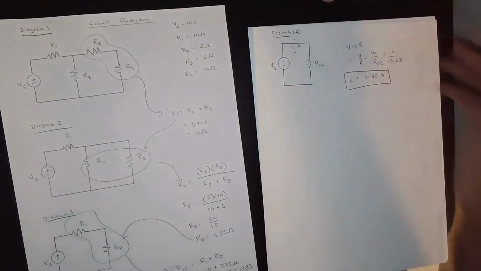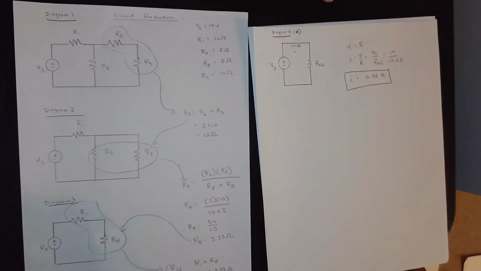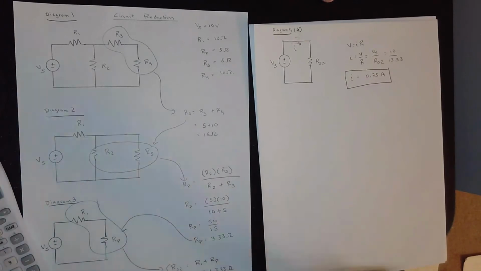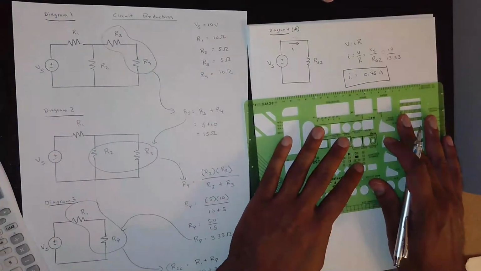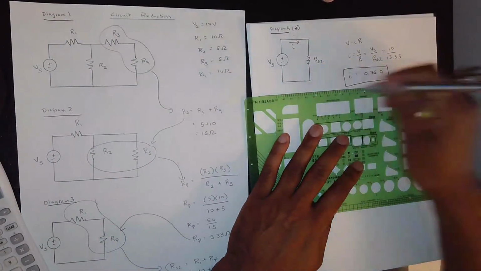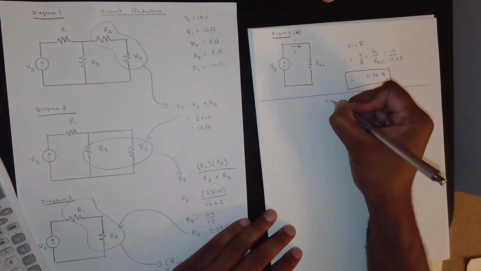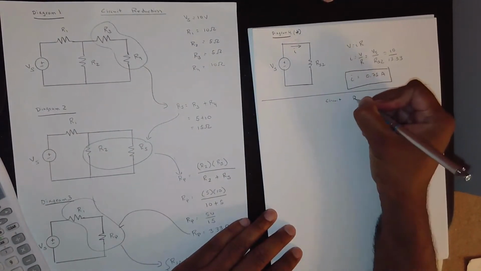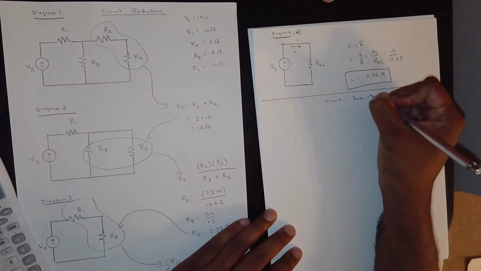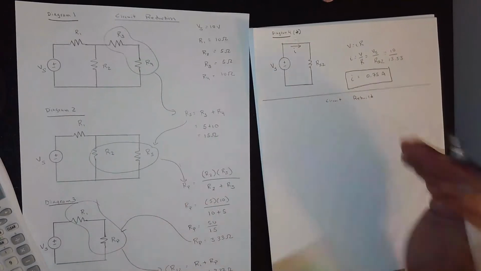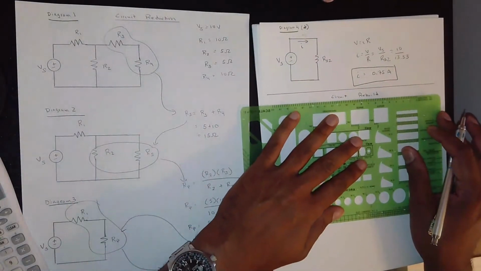Okay. So once we're at this diagram here, we're going to rebuild our circuit, okay, and we want to just really draw a line across and kind of separate out, and we will now rebuild. So I'm just going to write circuit rebuild, okay, which is the opposite of our circuit reduction.